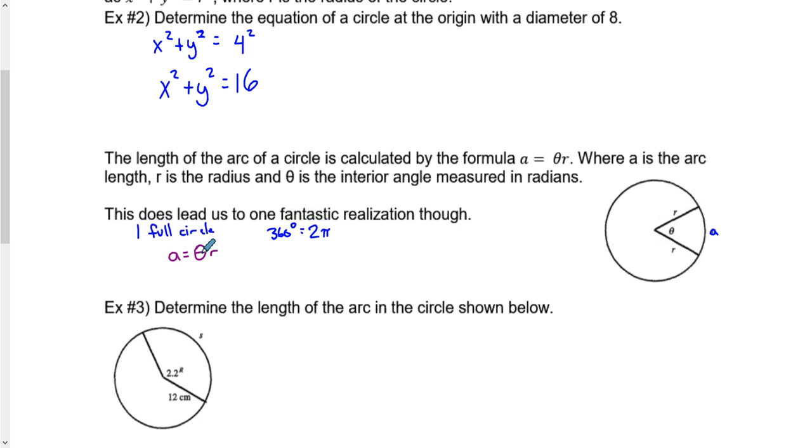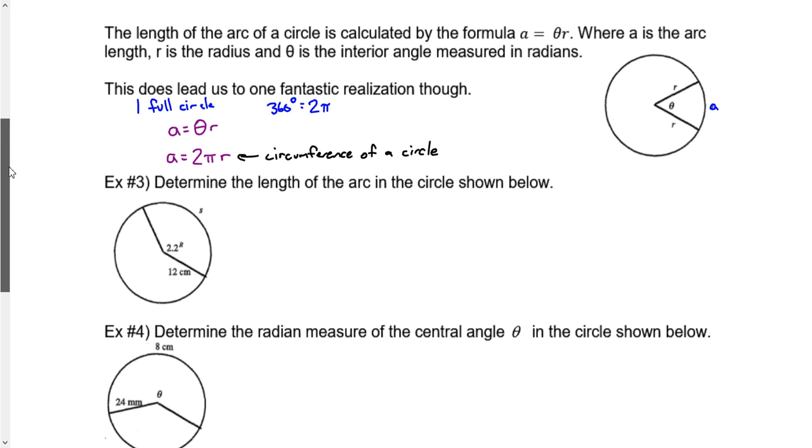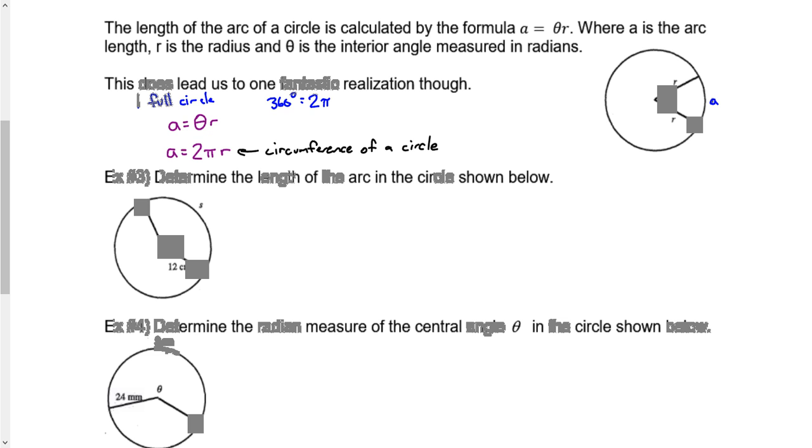Our theta for a full circle is 2 pi. R is whatever the radius of that circle is. This is the formula for the circumference of a circle. So there's just a little tidbit of information for you. Hey, I think it's fun.